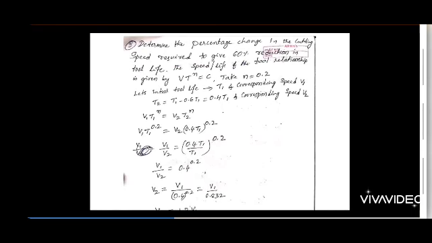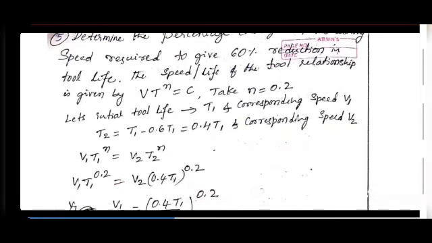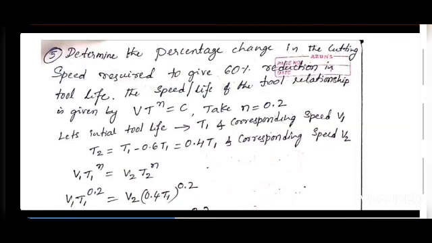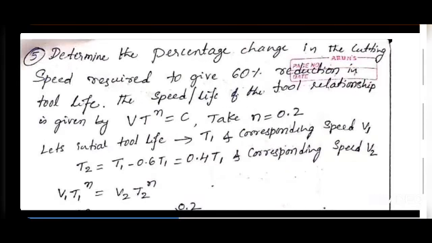Okay, so take down the next problem statement. Determine the percentage change in cutting speed required to give 60% reduction in tool life. The speed and life of the tool relationship is given by V t to the power of n is equal to constant. Here the n value is given as 0.2. Take the initial tool life as T1 and the corresponding speed as V1.